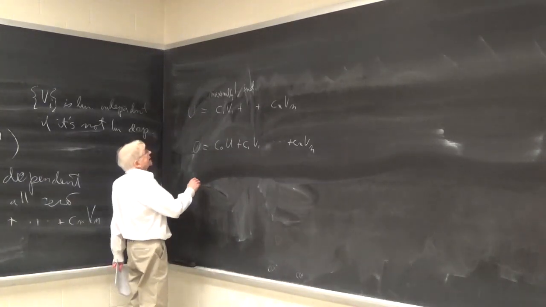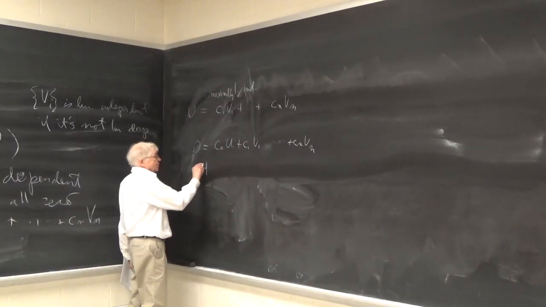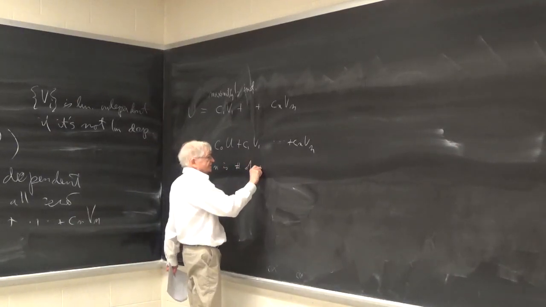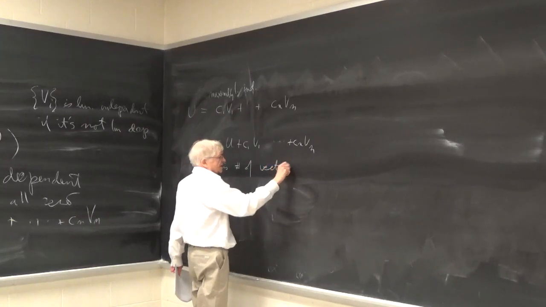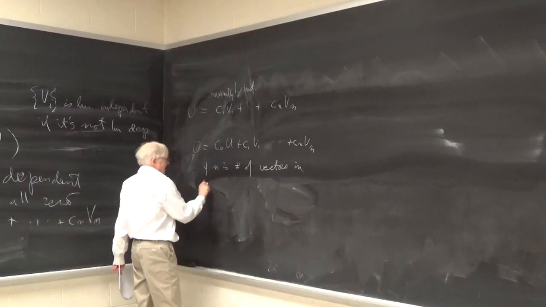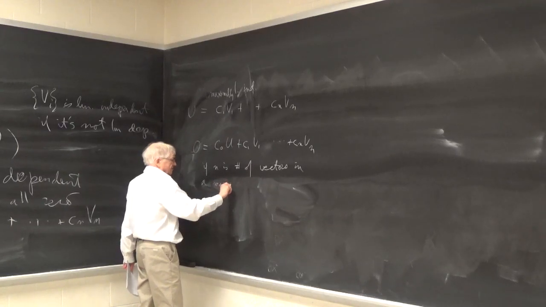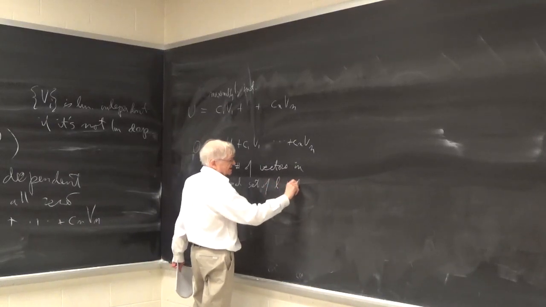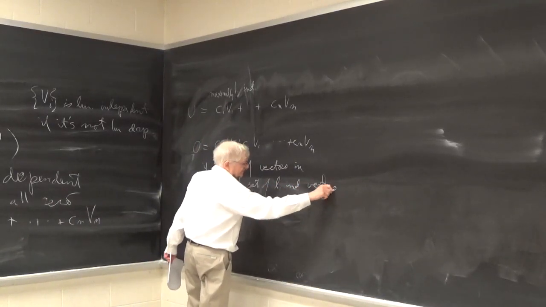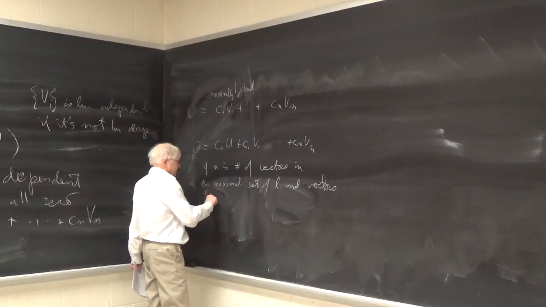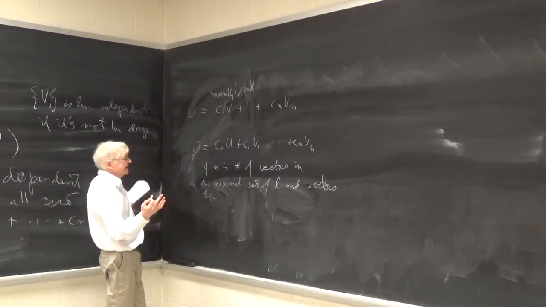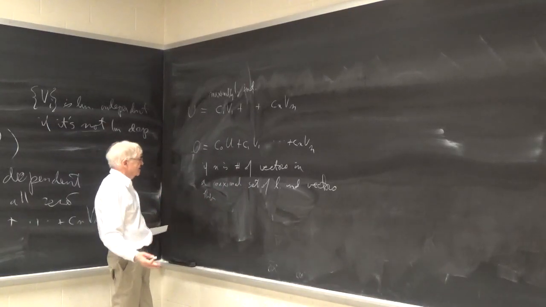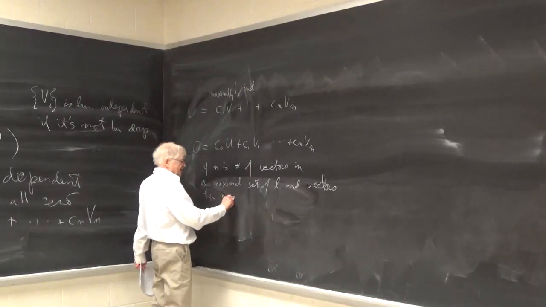So if n is the number of vectors in a maximal set of linearly independent vectors, then that set is of course linearly independent, because it's maximal it's complete, and n is the dimension of the space.